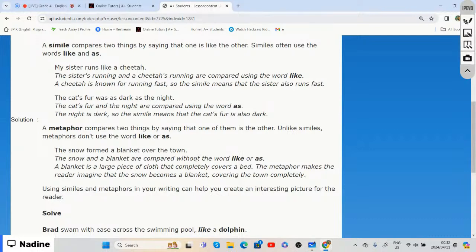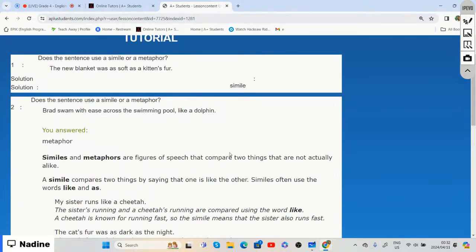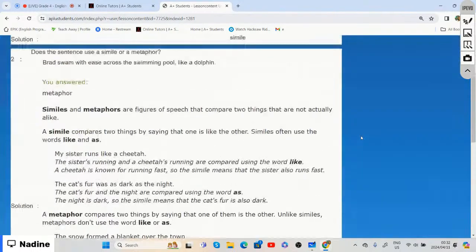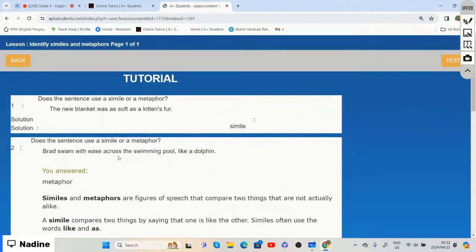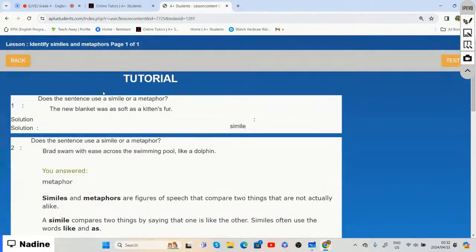If we now identify both similes and metaphors, it says the new blanket was as soft as a kitten's fur. Remember, with similes we use words like "as" and "like", whereas with metaphors we don't. So is the sentence a simile or a metaphor? The new blanket was as soft as a kitten's fur.